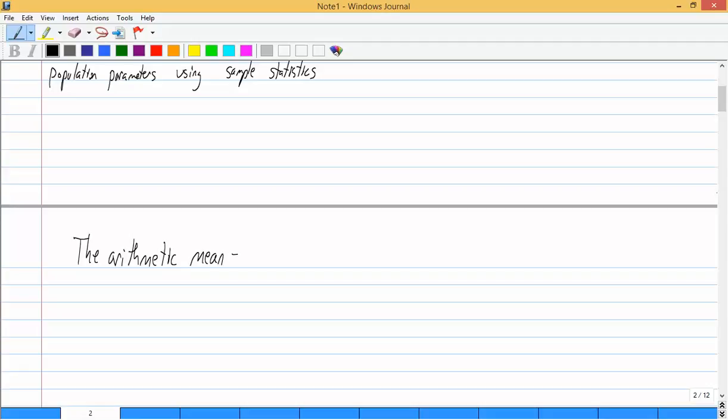So how do you find an arithmetic mean? Well, you simply add up all the data items, over how many there are. And this notation means this would be the first data item, the second data item, the third data item, and so on until you get to the nth data item.